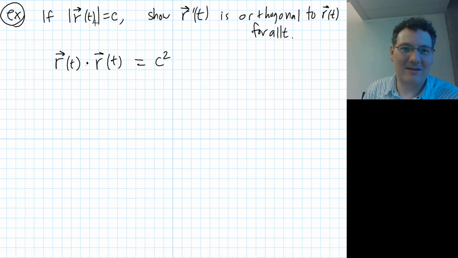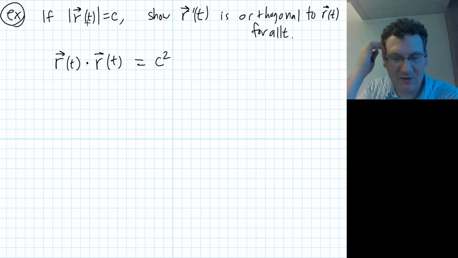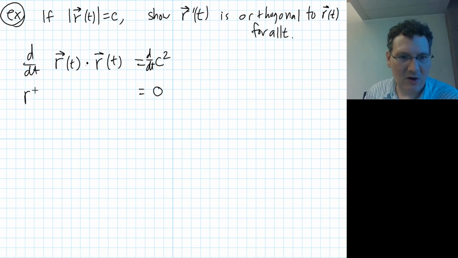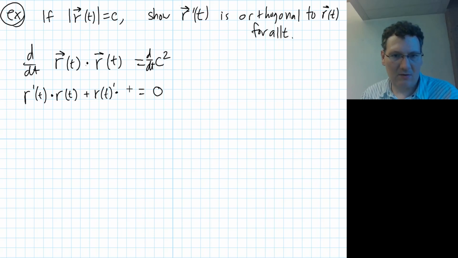So if the magnitude of the vector is c, the magnitude squared is equal to the vector dotted with itself. And if you don't remember this fact from earlier, you can verify this pretty easily. What I want to do is take the derivative of both sides. So take a d over dt of both sides. So I'm going to get 0 equals, by the product rule, r prime of t dot r of t plus r of t dotted with r prime of t.